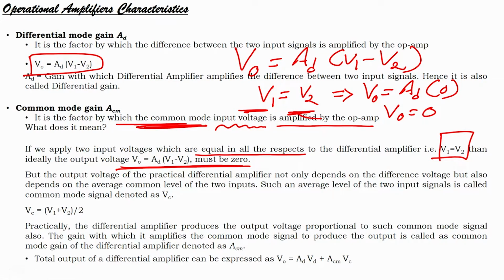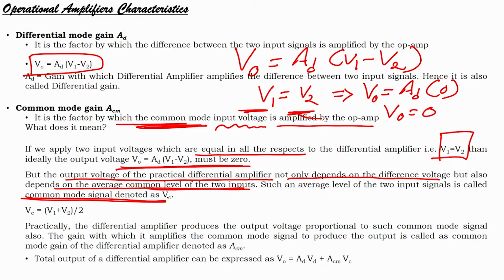But the output voltage of the practical differential amplifier not only depends on the difference voltage, but also depends on the average common mode level of the two inputs. Such an average level of the two input signals is called the common mode signal, denoted by Vc.